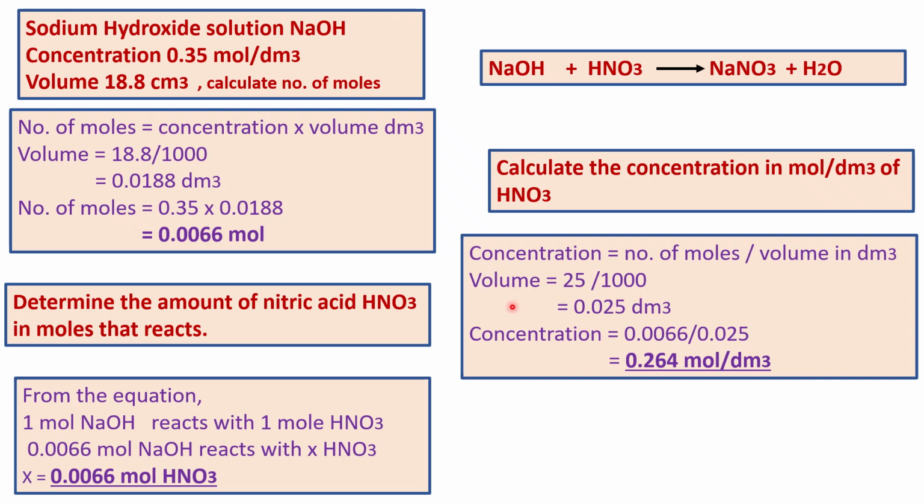And the answer is the volume equals 0.025 decimeter cube. Now we put this number in this equation. The number of moles is 0.0066 divided by 0.025. And the answer is 0.264, the unit is mole per decimeter cube.